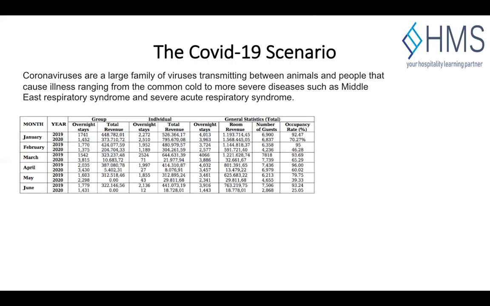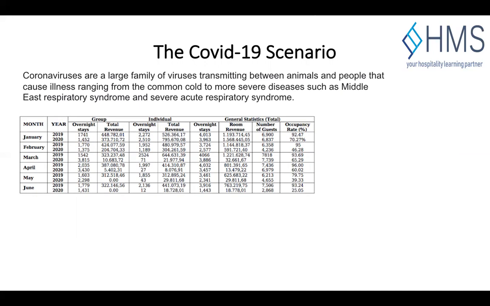Now, let's take a look at the month of June. Not just June, let us also take a look at the months of February, March, May, and June, where there's a huge gap in the amount of revenue generated and through overnight stays, whether it be individual guests or group travelers.